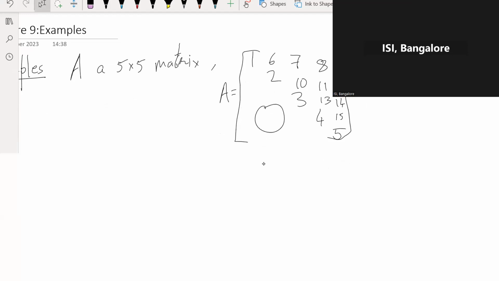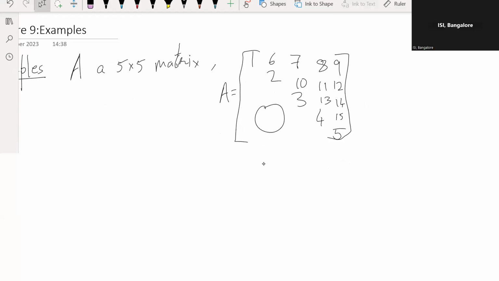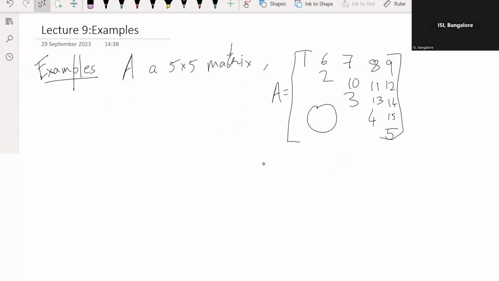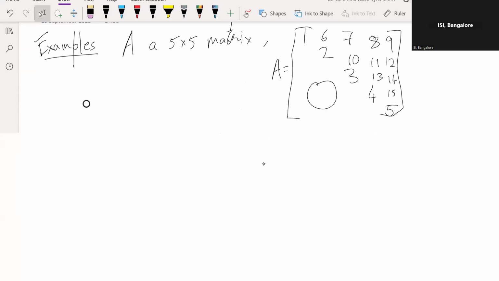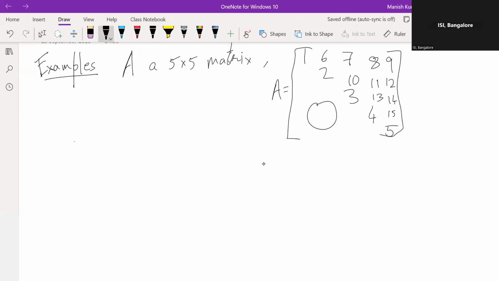Okay. Good. So the reason why it is diagonal is it's a 5 by 5 matrix, and if you look at the characteristic polynomial of A, it has 5 distinct roots, t minus 1 to t minus 5.